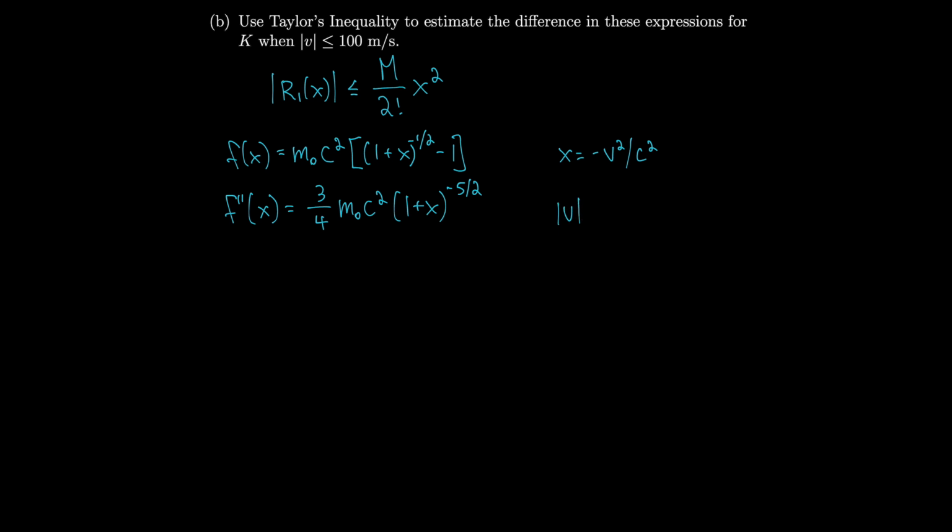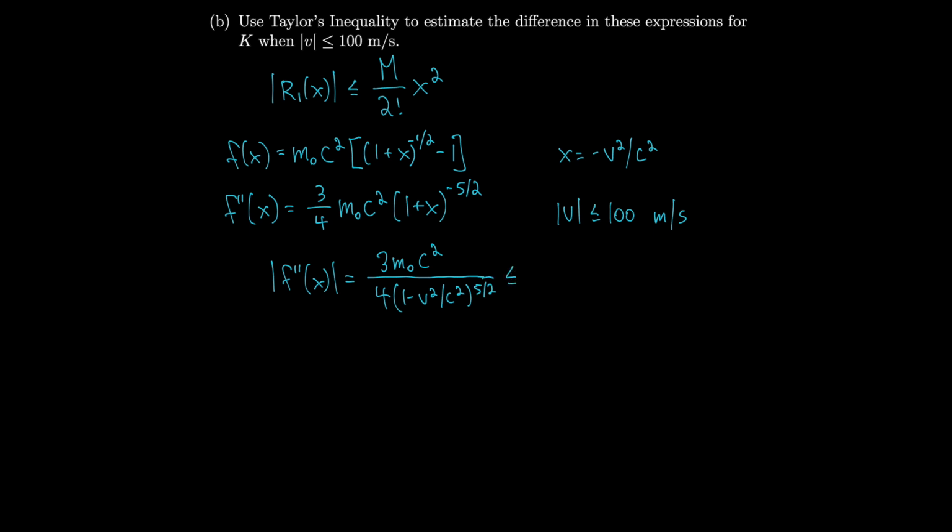And then you get the absolute value of v is less than or equal to 100 meters per second. So now we can say that the absolute value of the second derivative will be 3 times m naught c squared over 4 times (1 minus v squared over c squared) to the 5 over 2.